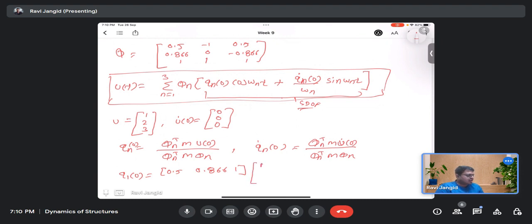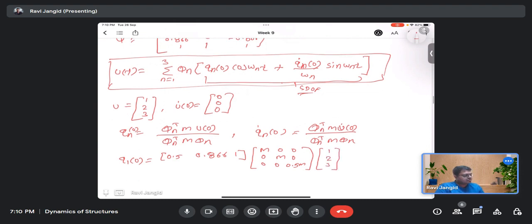Mass matrix, we have m 0 0, 0 m 0, 0 0.5 m, times 1, 2, 3, divided by phi n transpose M phi n. What would be the 1.5 m? We have used that, so can I directly write it as 1.5 m? Yes.